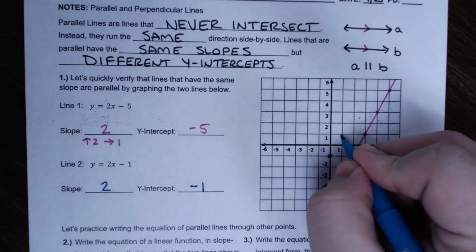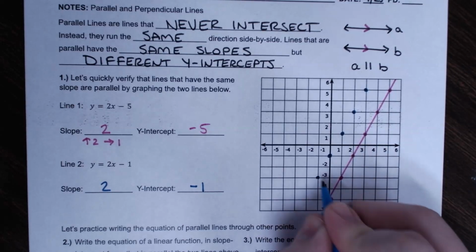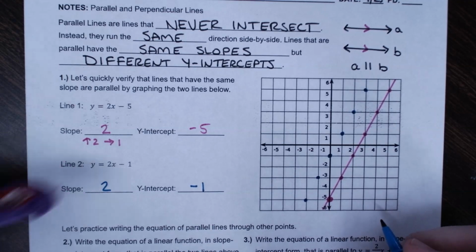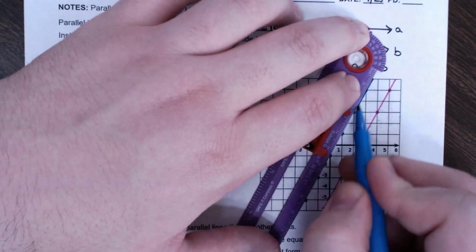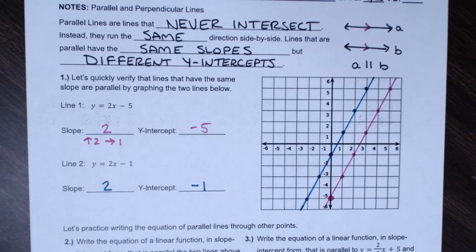So it looks like we're going to have this line. Do you believe me pretty good that parallel lines got the same slope? Yeah. Cool.